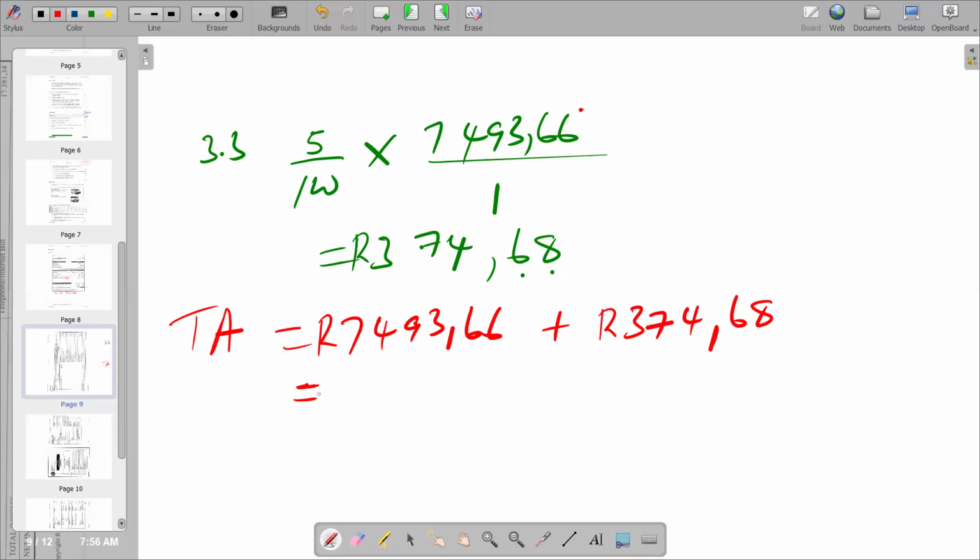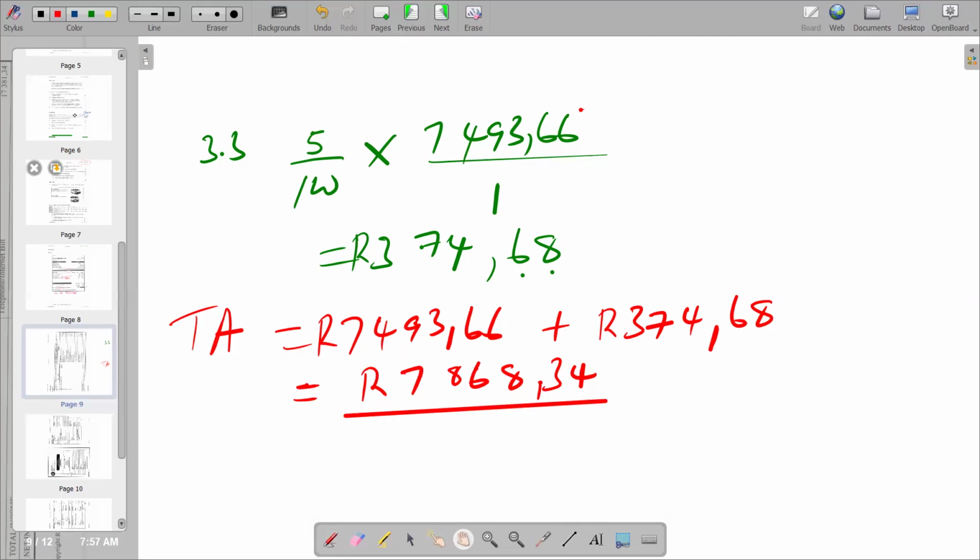So we add the two. You'll see that the total that we are supposed to get is R7,868.34. So basically, that becomes the final answer that you're supposed to get. So this is the answer that we have on 3.3.